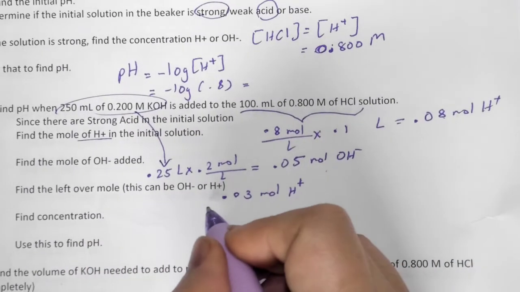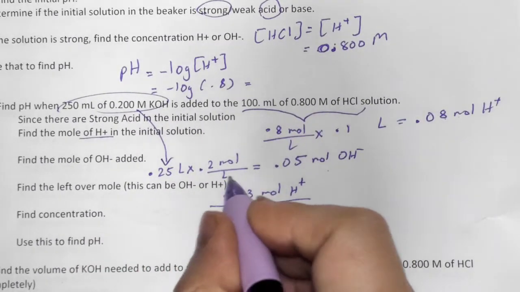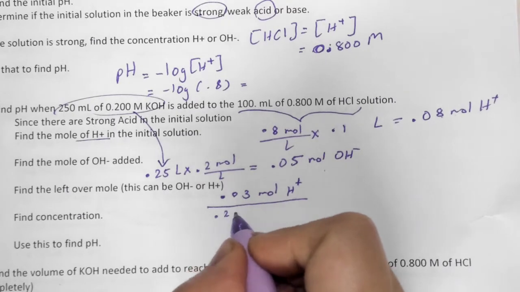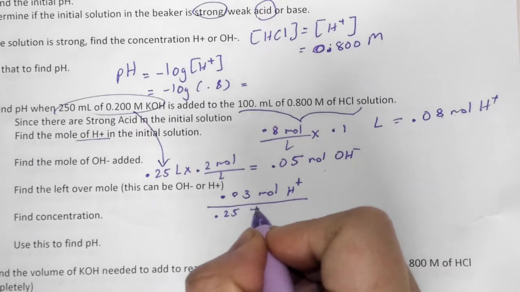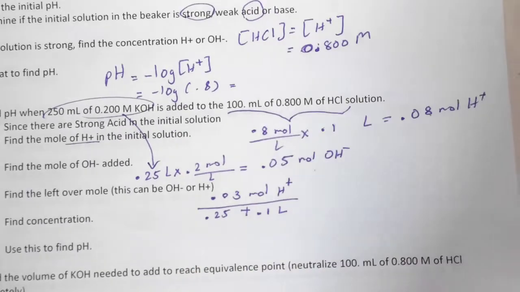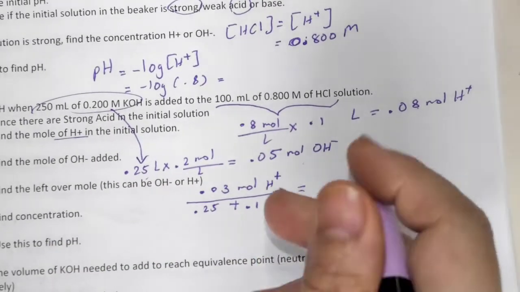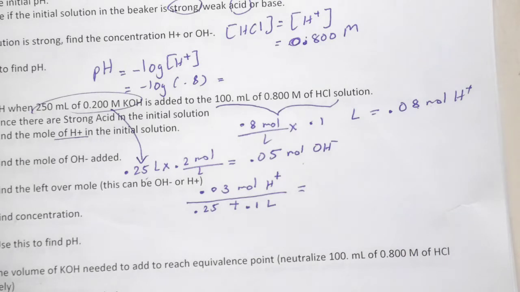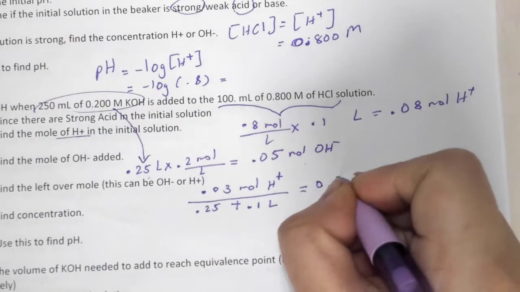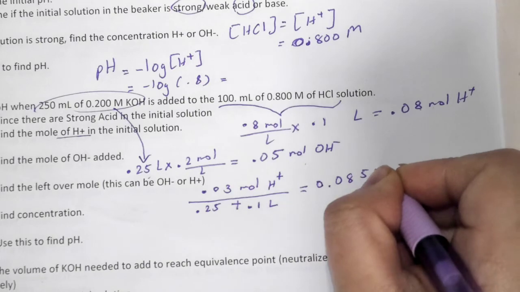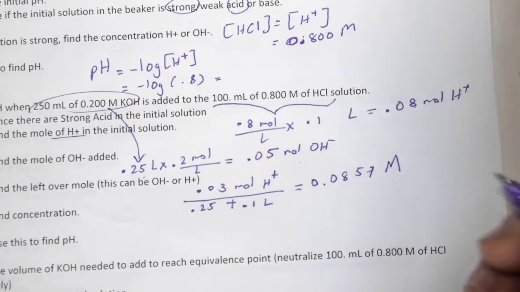Find the concentration. That means divide that by the total volume. The total volume is going to be 0.25 liter plus 0.1 liter, this one and then this one added. So we divide 0.03 by 0.35, and we're going to get 0.0857 molarity.